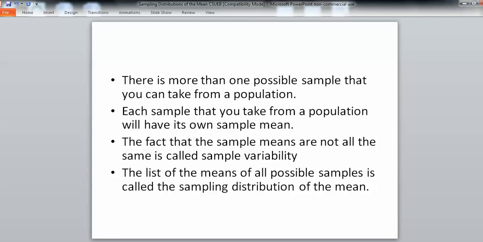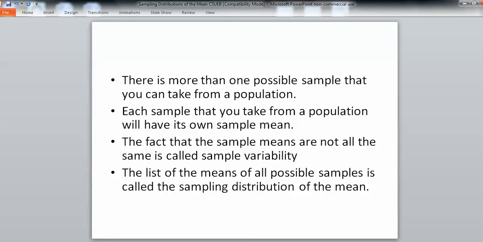The reason is because if I go to that population and I select 50 people, I'm drawing from all of the possible combinations of 50 that might have been selected. I'm not drawing from any of the possible combinations of 20. So if I want to know all of the possible combinations or samples that I might have selected, when I recruited 50 people, I would have to write out all possible combinations of 50.